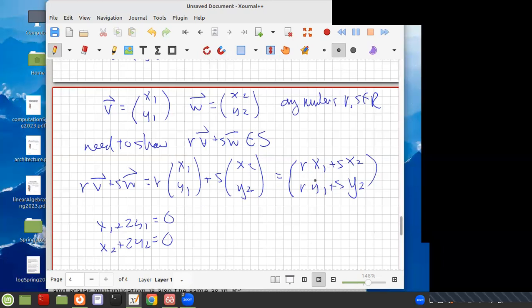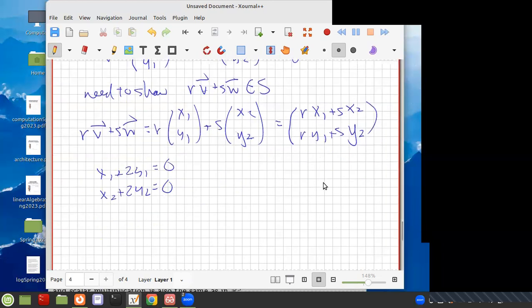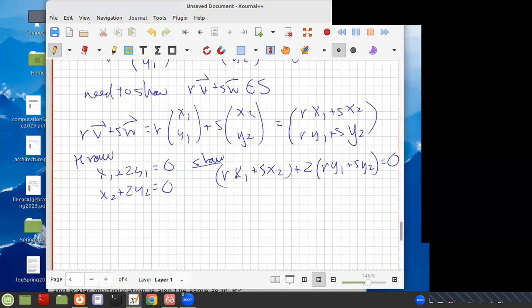I need to show that for this vector, R times X1 plus S times X2, that's the X of the combined, plus 2 times the Y component, R Y1 plus S Y2, equals 0. If this is true, this vector will be in the subset.